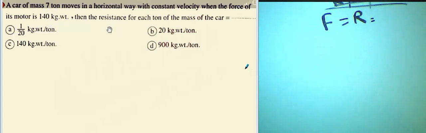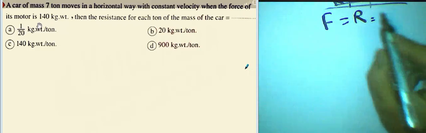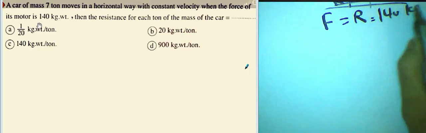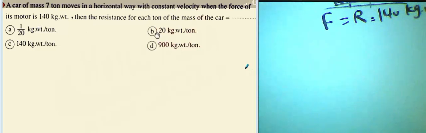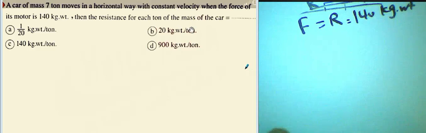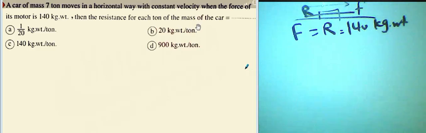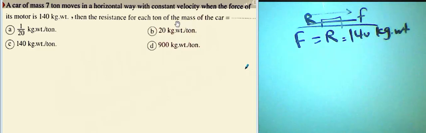We know force equals m multiplied by a, and we have here the force of its motor, 140 kilogram weight. He asked about the resistance of each ton, for each mass.